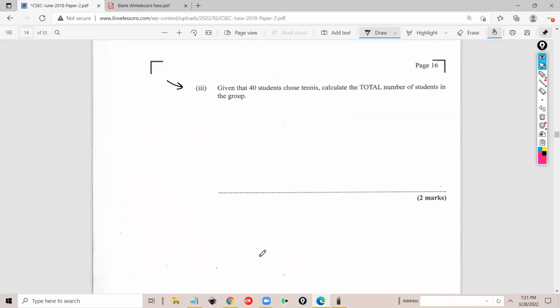All right, so let's work it out two ways. The way that most people would work this out, right? Remember, the tennis is represented by 45 degrees. So what some people would do, they would try to figure out how many people 1 degree represents. So 45 degrees represent 40 people.